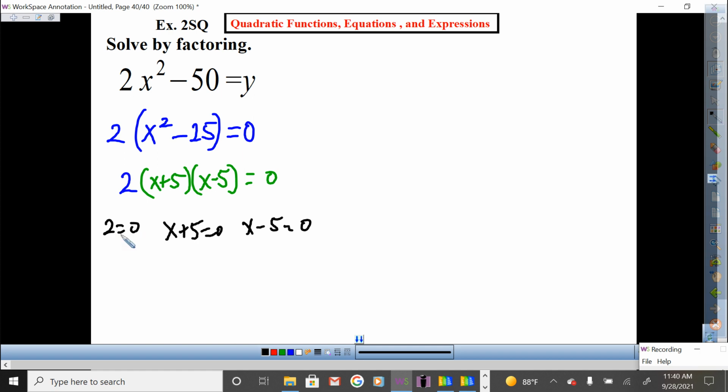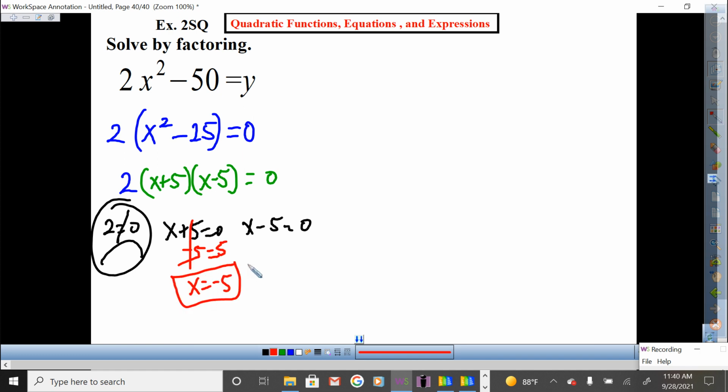They're like, Mr. Q, but that doesn't make sense. Well, at this time, we're going to eliminate that one because it's not true. But we still need to set it equal to 0 so we can do that step together. All right? So here, now we just solve. Minus 5, minus 5, x equals negative 5, plus 5, plus 5, x equals 5. These are my solutions.